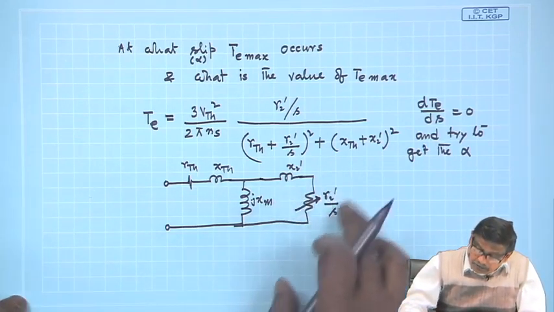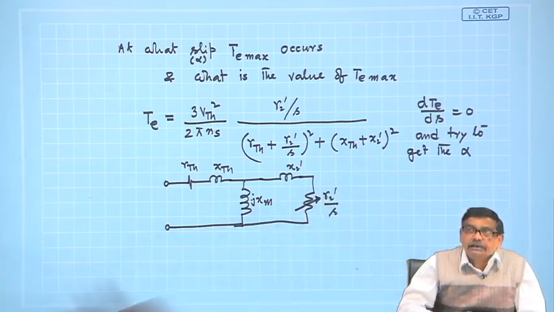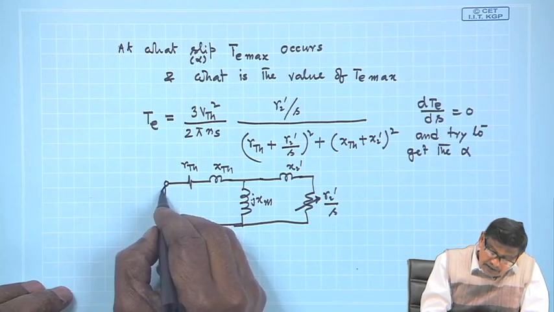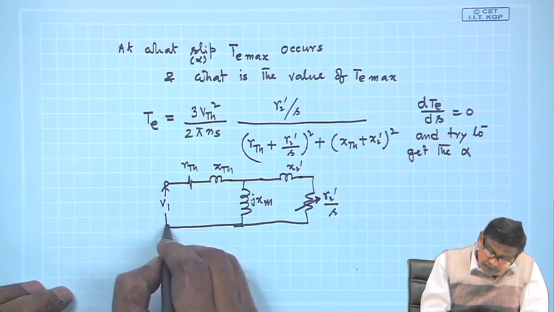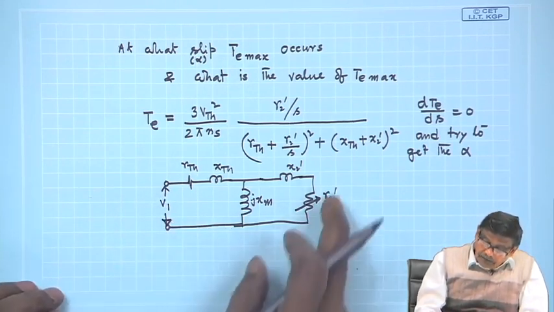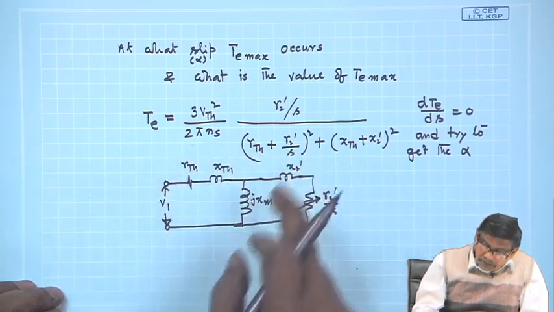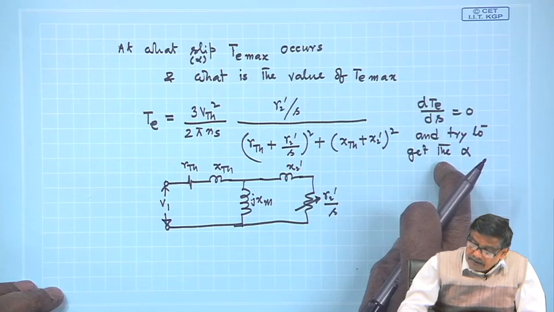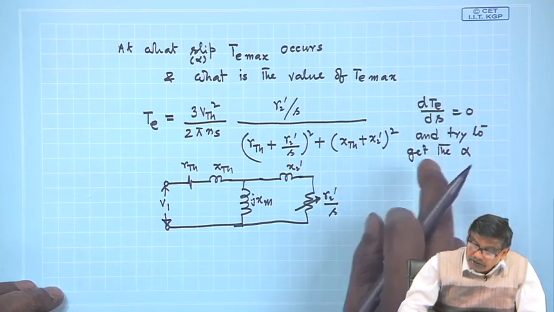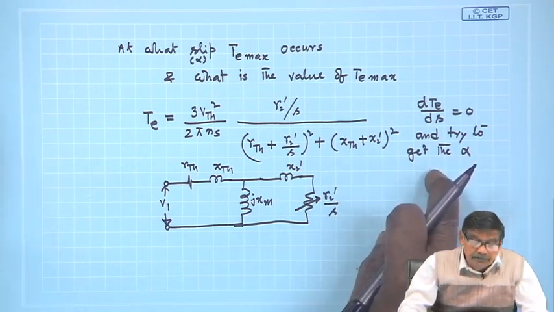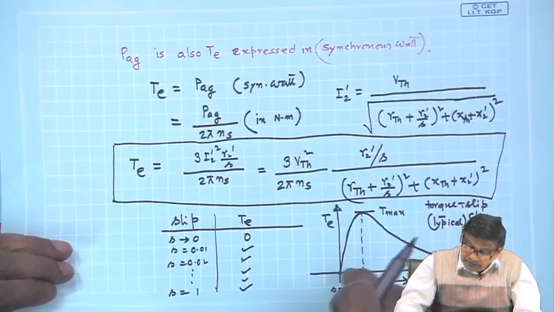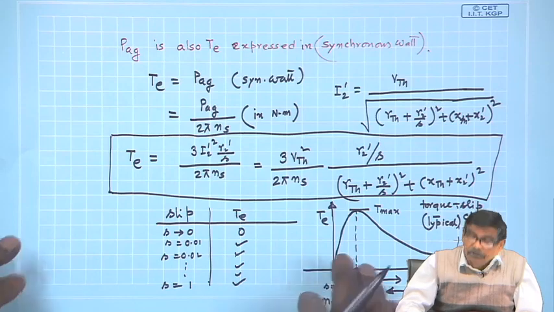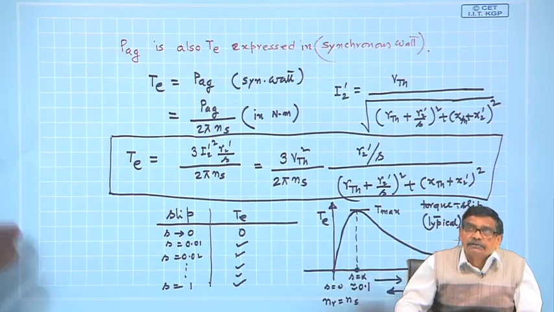It is only this parameter which goes on changing as you change the degree of loading of the machine, and this is your per phase applied voltage. With this equivalent circuit, the value of the slip, s equal to alpha, which will give the maximum torque developed, can be very nicely obtained, and this we will continue in the next class. Thank you.